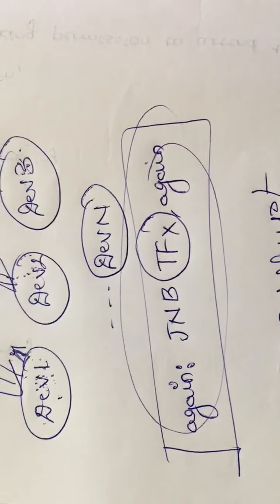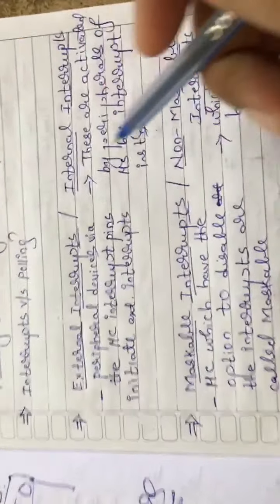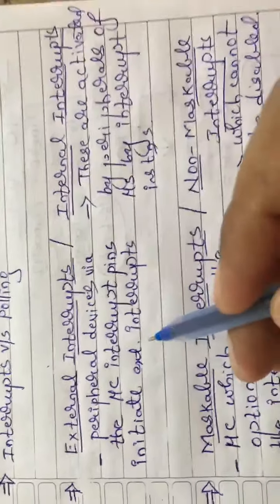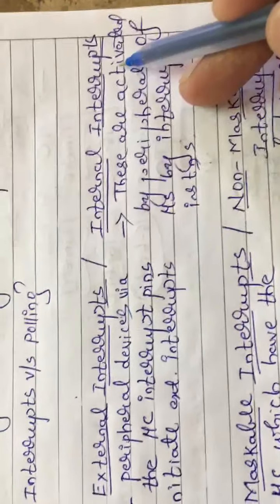Okay, we need not write this instruction in this chapter, right? So this is about interrupts versus polling. Now we'll see the different classifications done here. The first classification is external interrupts and internal interrupts.